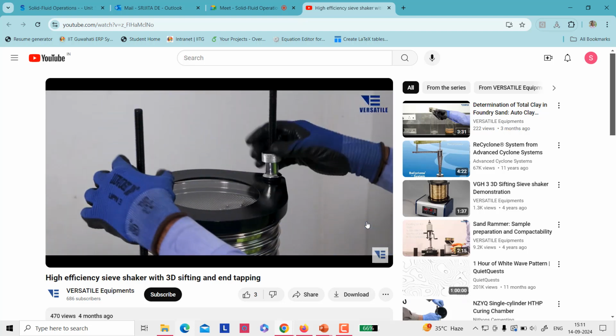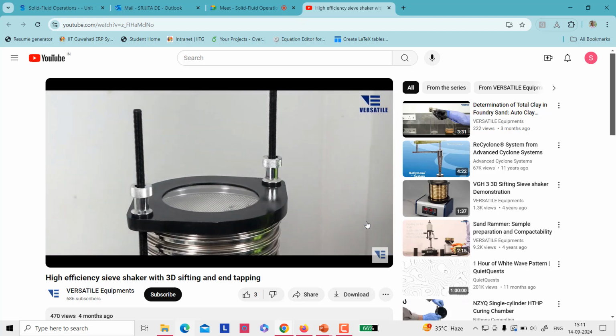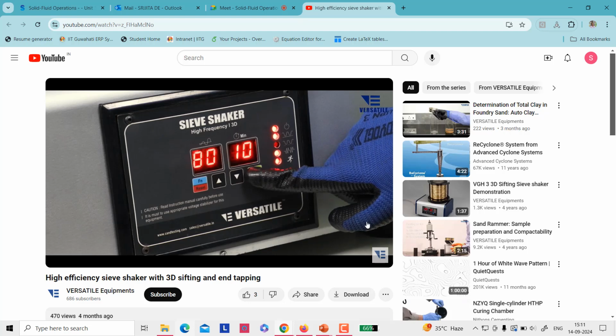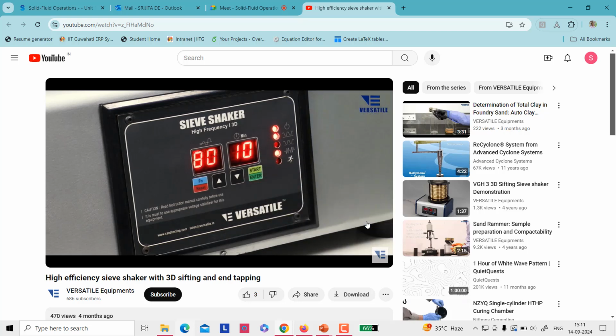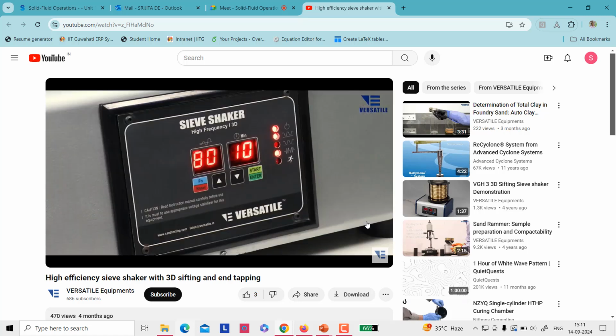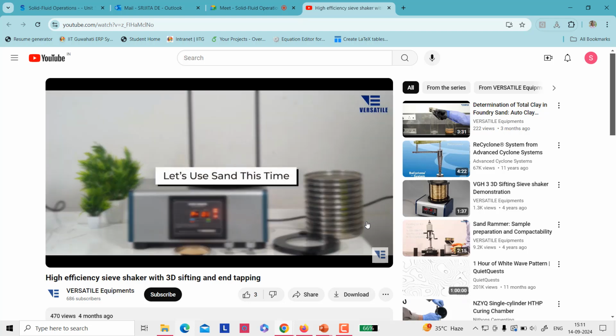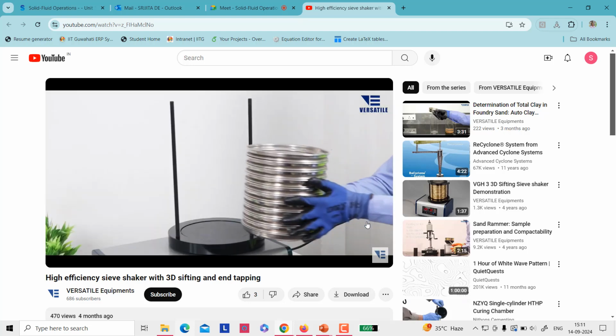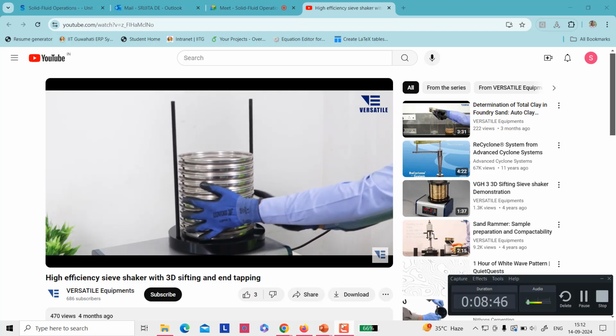So what will happen? When they have used the ball, it is bigger than the mesh opening, so it is not going through, it is just vibrating on the same plate. Now they are using sand.